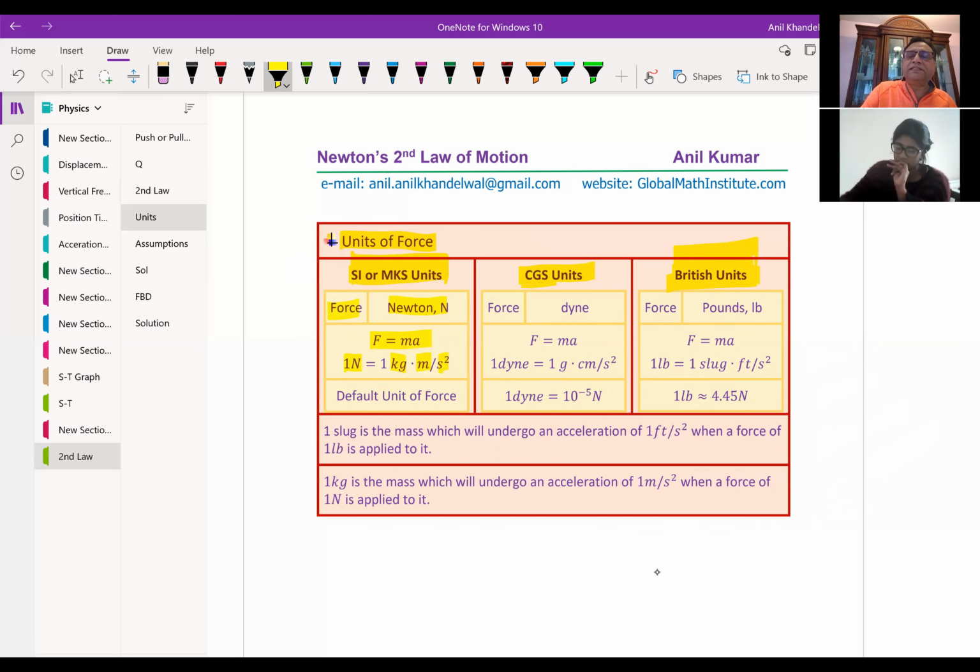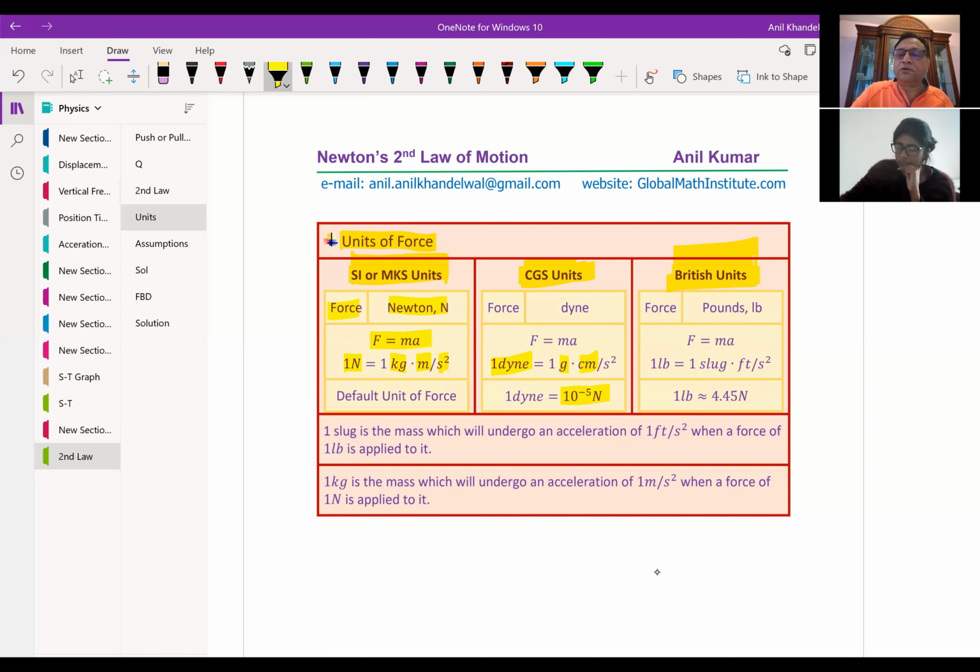When we talk about CGS, the length unit is centimeters, the mass unit is grams, and the time unit is seconds, and that is called 1 dyne. The dyne is a unit in CGS. Since a gram is 1/1000 of a kilogram and a centimeter is 1/100 of a meter, 1 dyne is 10 to the power of minus 5 newtons. Is that clear to you? Divide by 1000, divide by 100, 10 to the power of minus 5.